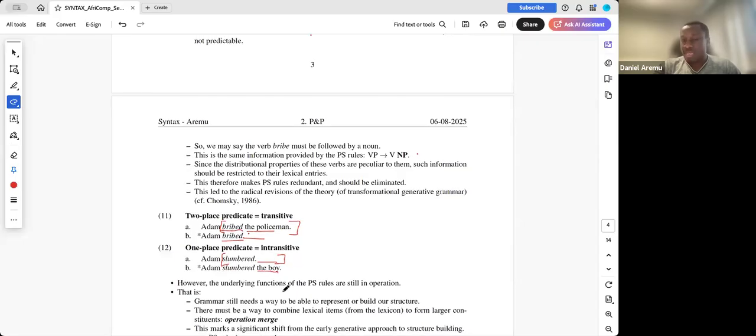And if we allow that, then the more verbs, let's assume, even though I don't know if it exists, there is a verb that is like a six-place predicate, then we would have to assume in our PS rule another rule that says a V will take NP, NP, NP, so we don't want that. We can just restrict this property to the lexicon. Each of these verbs has the property restricted to its lexical entry. So we know it in the lexicon.